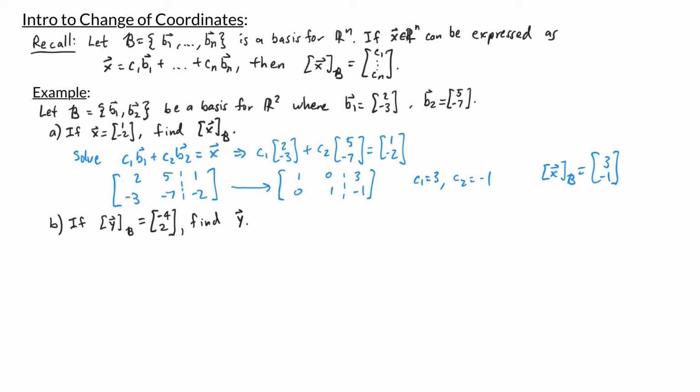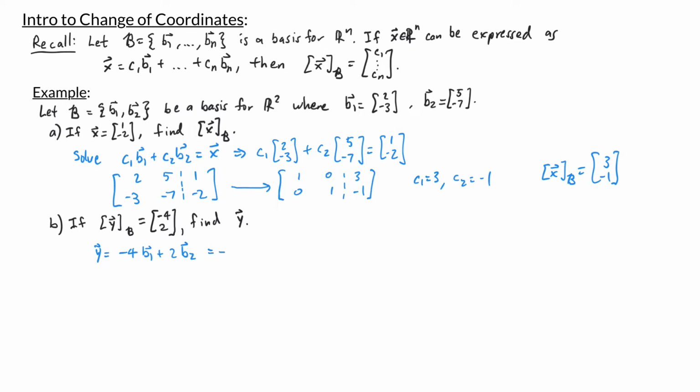In part B of this example, we're given the B coordinates for a vector y. So the B coordinate vector for y is -4, 2, and we're asked to find the standard coordinates for y. So remember that the B coordinates for a vector are the weights used to write the vector as a linear combination of your basis vectors. So this tells me that y is equal to -4 times b1 plus 2 times b2.